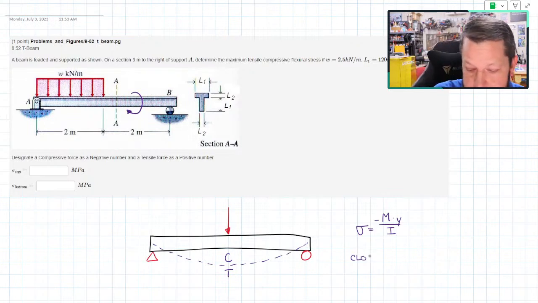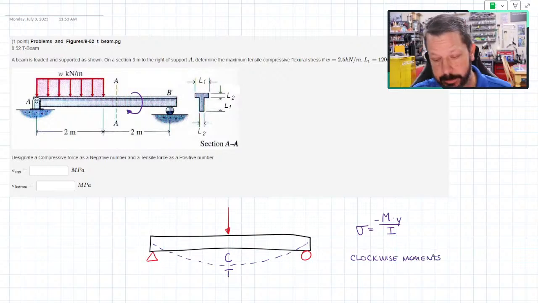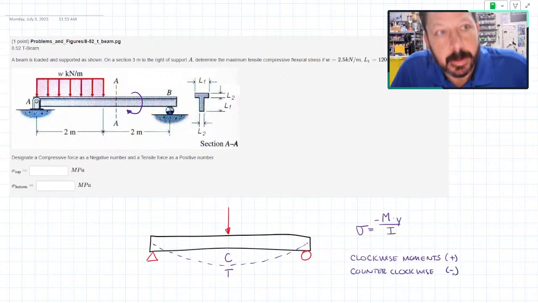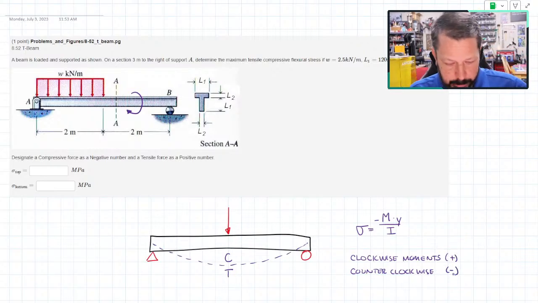And here's what it is: clockwise moments are the positive ones, and counterclockwise are negative, so they get the negative sign.